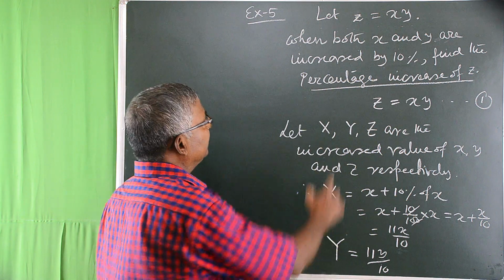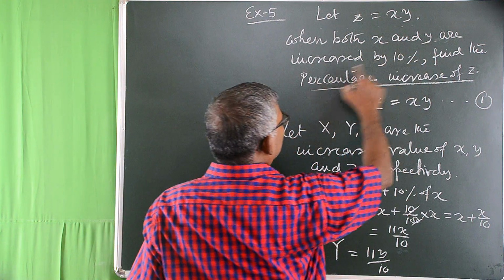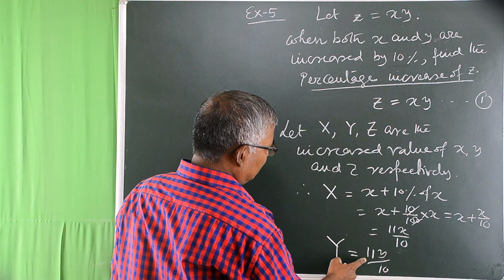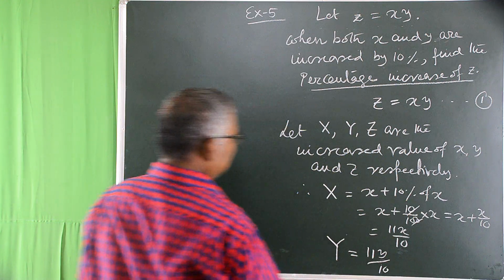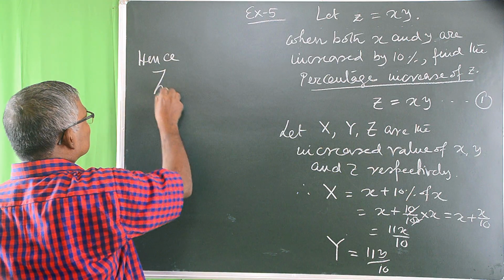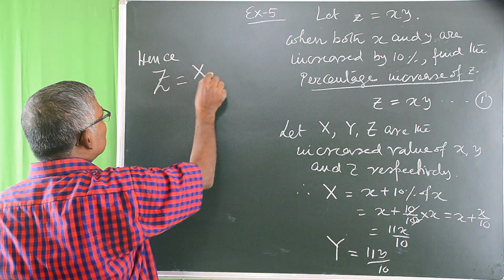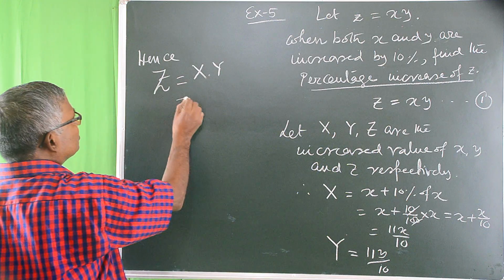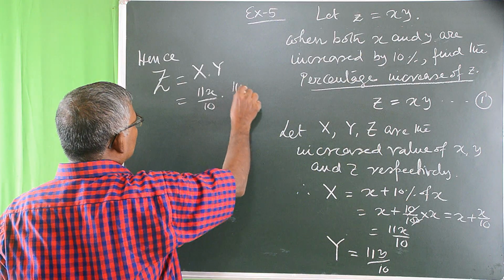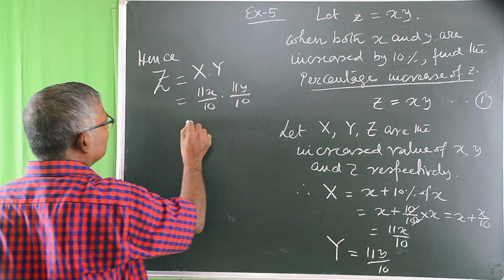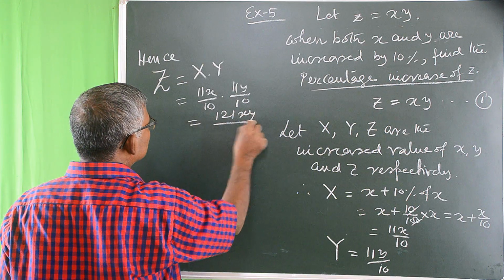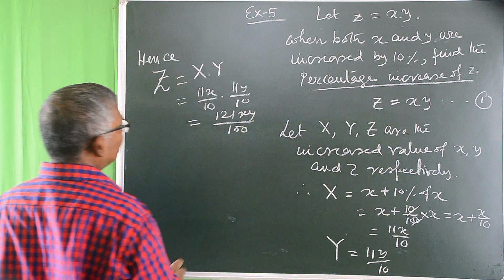Hence, z equal to x into y, that is 11x by 10 into 11y by 10 equals to 121 xy by 100.